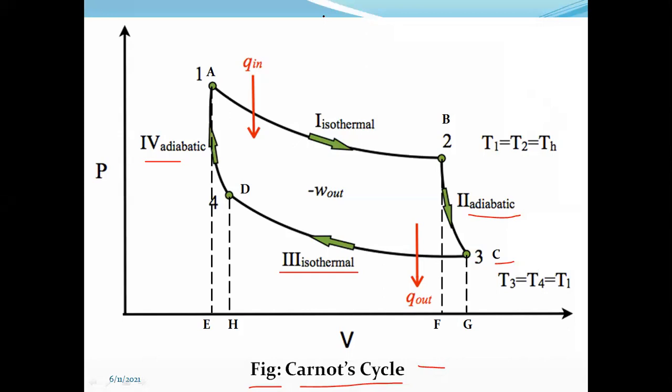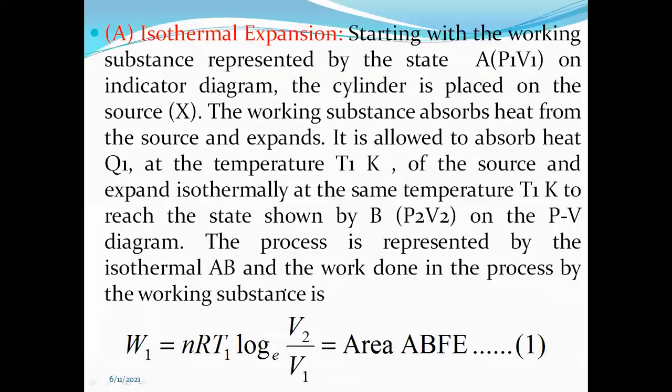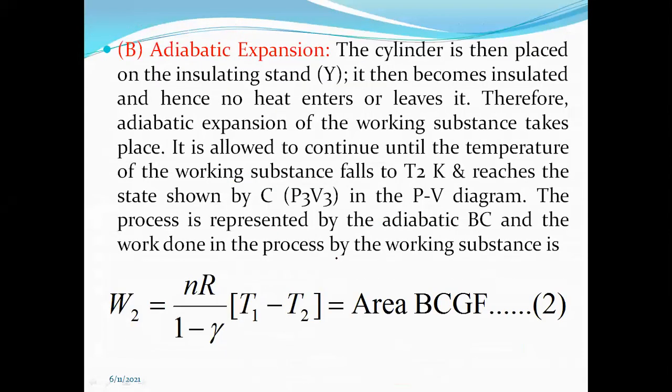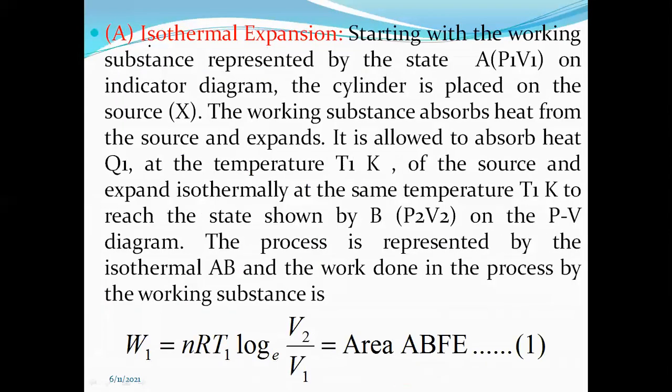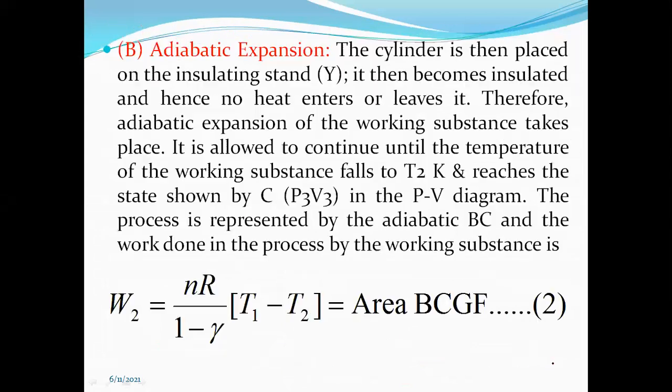Okay, so here if you talk about input and output of the Carnot cycle, we should know the work done, that is W1 in the isothermal expansion, which is equal to nRT1 log to the base e V2 upon V1, equation 1.